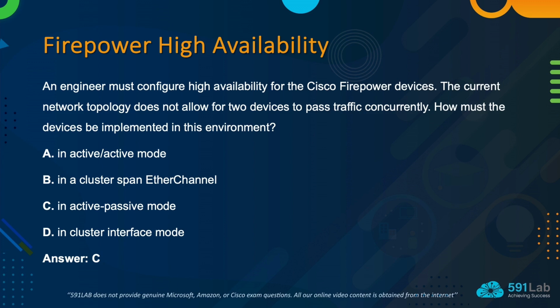Option B, cluster span EtherChannel. Cluster span EtherChannel is a technology used for aggregating multiple physical links into a single logical link. While it can improve bandwidth and redundancy, it does not address the need for high availability with only 2 Firepower devices.